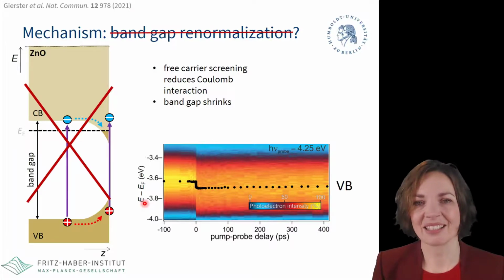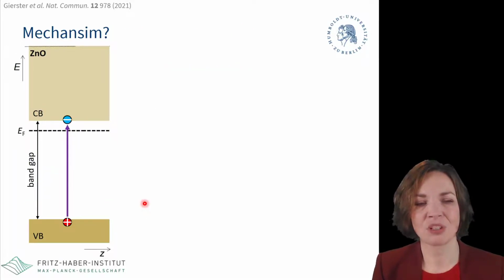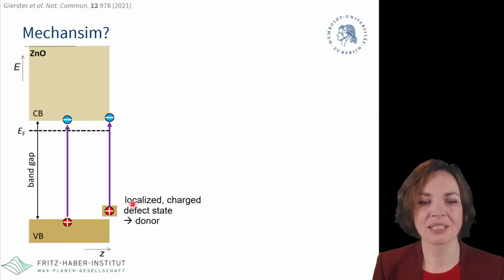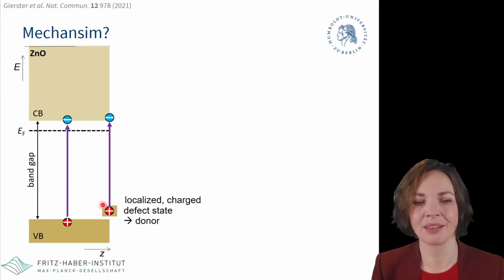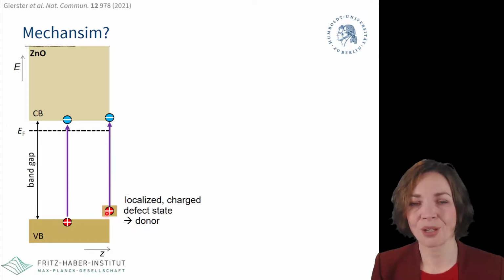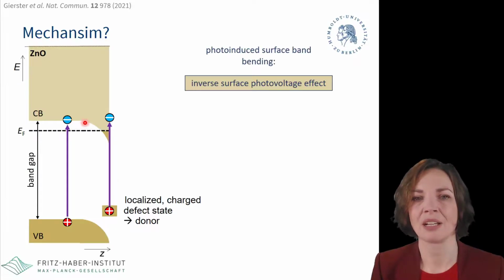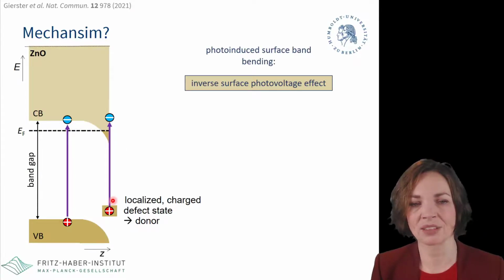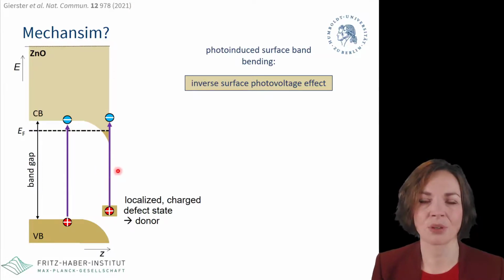Instead, it's a different phenomenon, which is caused by the optical depopulation of defect levels in the bandgap. The photoexcitation leads to a very local positive charge, which then pulls the potential downwards. And this effect is well known in semiconductors. It's called inverse surface photovoltage effect.